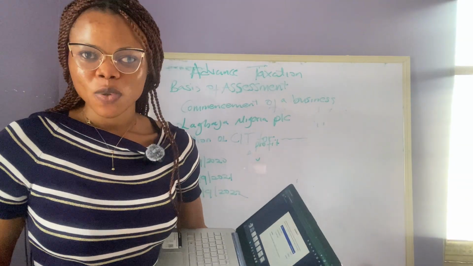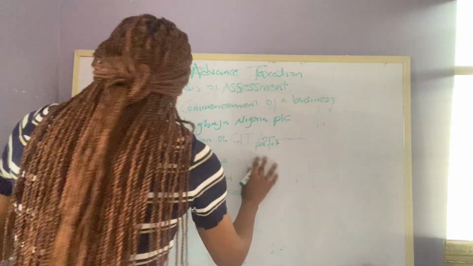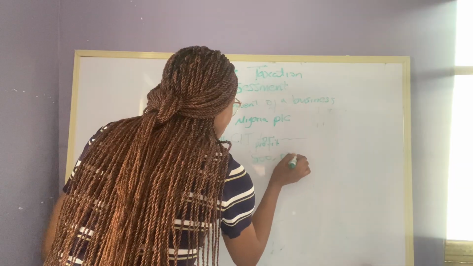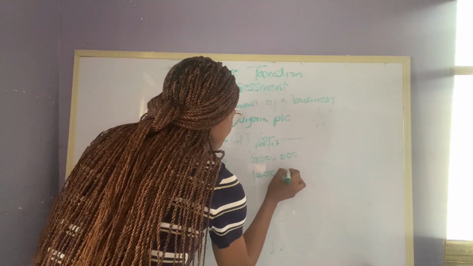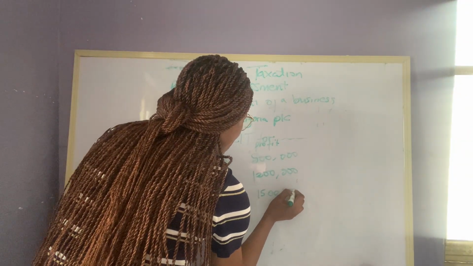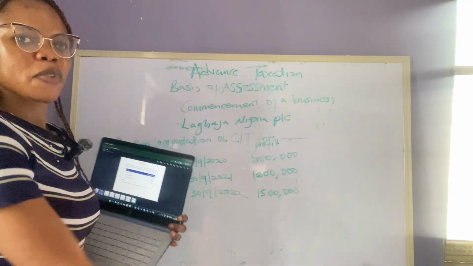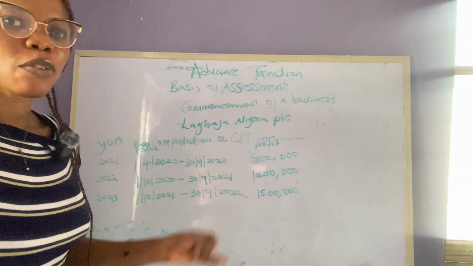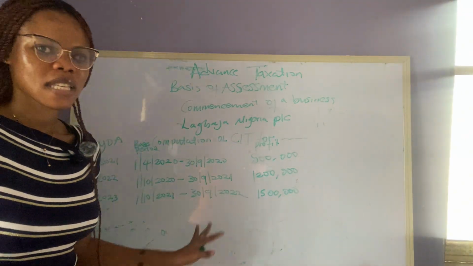So we now say, okay, the profit for each of these is 500,000, and for this one is 1.2 million, and for this is 1.5. There is no overlap in this one. This is like a normal basis period. You understand? It's exactly 12 months and there are no overlaps.